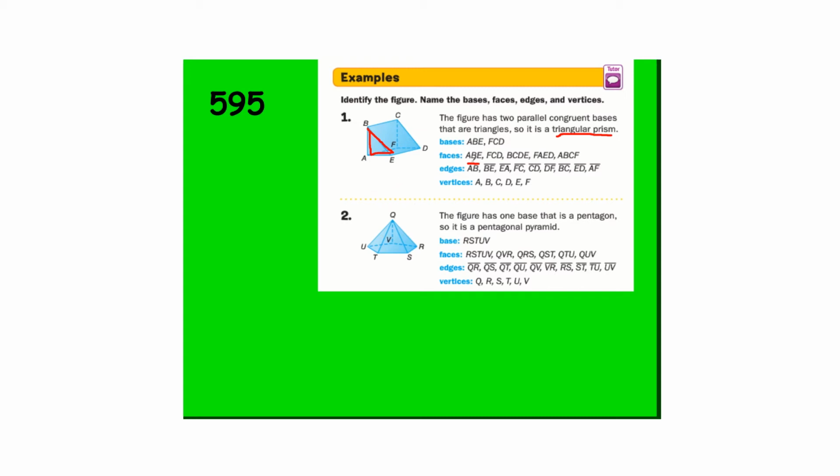So it is line AB, that is one edge. Line BE, line EA, line FC, okay? Then vertices, where do they meet? Where are the points? Point E, A, B, point F, C, and D. Those are all the vertices.